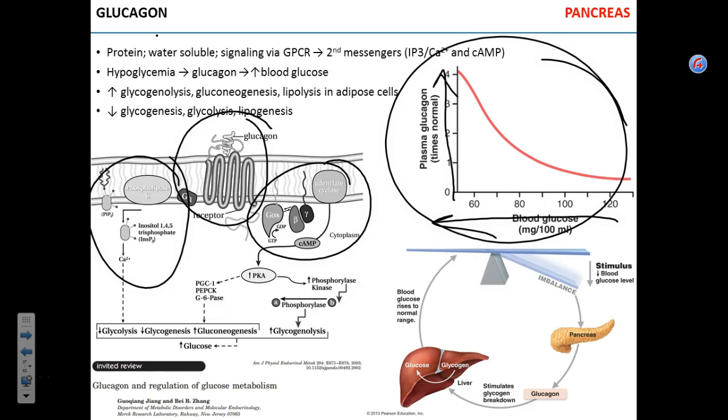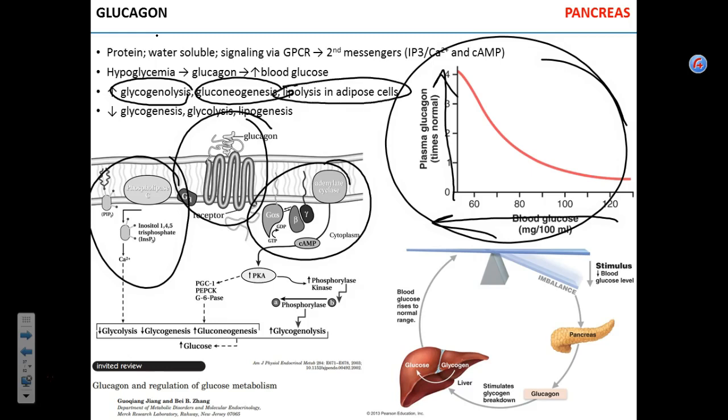And there are two major sources of glucose: glycogen, so you break down glycogen in the process of glycogenolysis, and synthesis of glucose from scratch in the process of gluconeogenesis. You may ask what lipolysis is for.